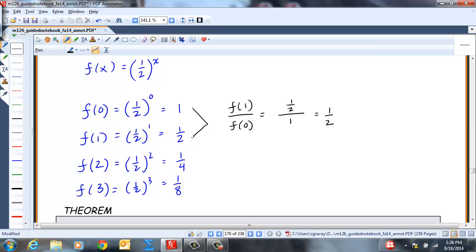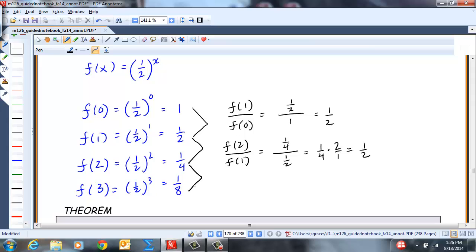Now f at 2 divided by f at 1 is 1/4 divided by 1/2, which is 1/4 times 2 over 1, which is 1/2.